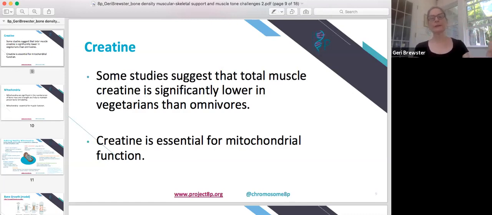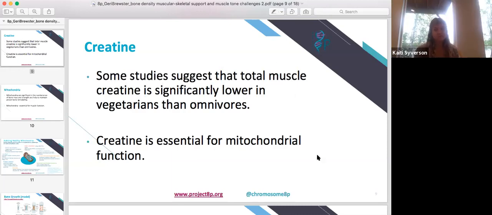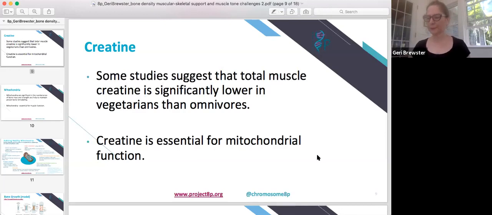So here is now another example of a compound. I think I already talked about protein and ketosis, just checking my notes, guys. So the creatine does come primarily from animal protein. So people who are vegetarians and vegans do have lower amounts of creatine.